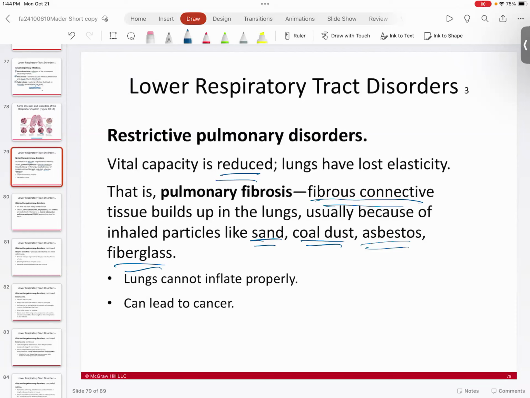Basically, asbestos is a type of insulation, and it's not the same as fiberglass, but it's similar. It creates these little spicules, these little particulate pieces that are airborne. And when you inhale them, you can't exhale them, just like with fiberglass.